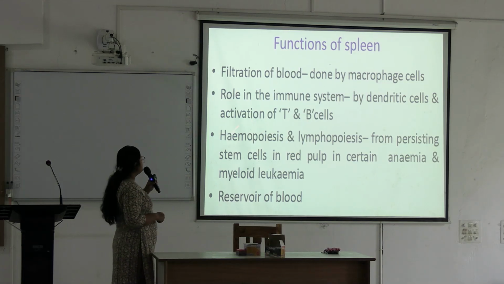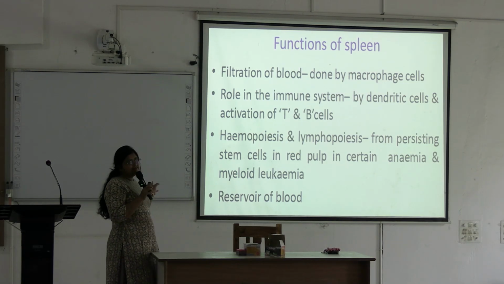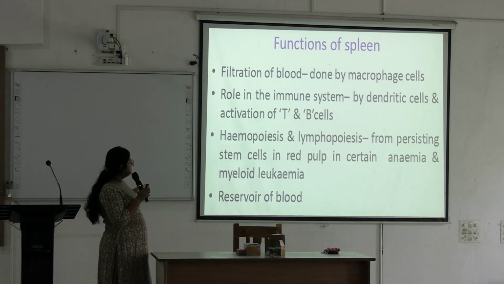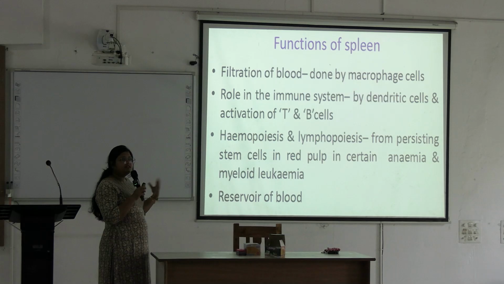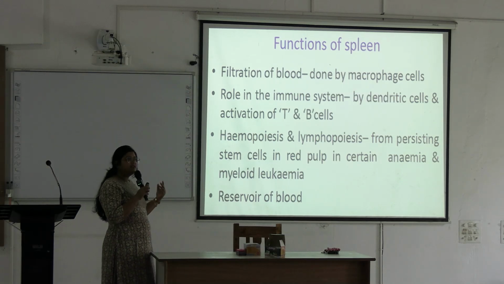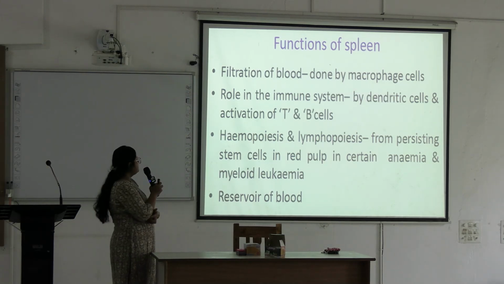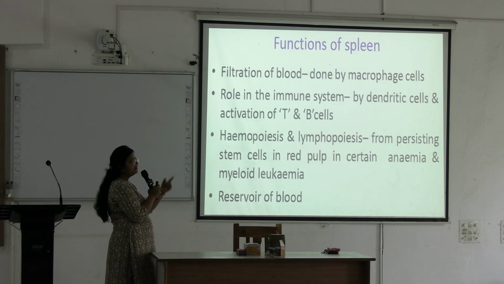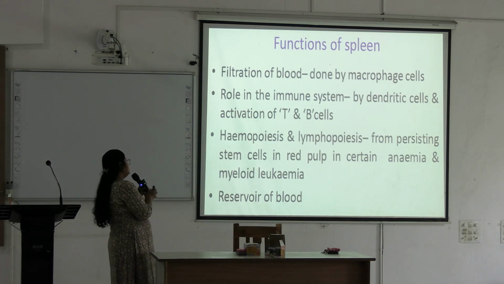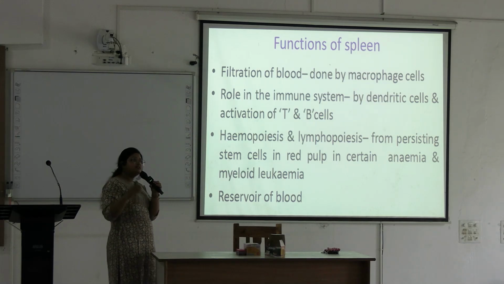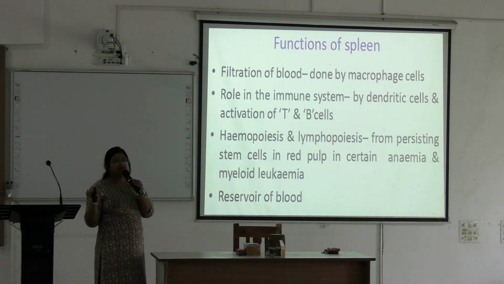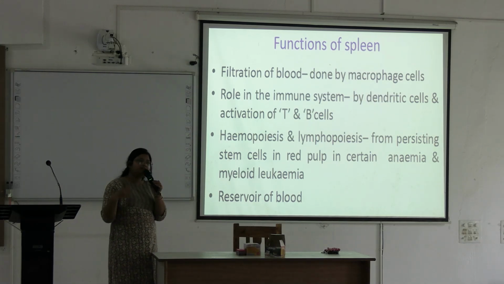Okay, hemopoiesis means it helps in rapid generation of the RBCs, and lymphopoiesis rapid generation of the lymphoid cells. Okay, B and T lymphocytes. Okay, in case of different leukemia and anemias, and it acts as a reservoir of blood. When the spleen contracts, almost 1 to 1.5 liters of blood enter into our circulation. Okay, it temporarily makes up the blood loss.